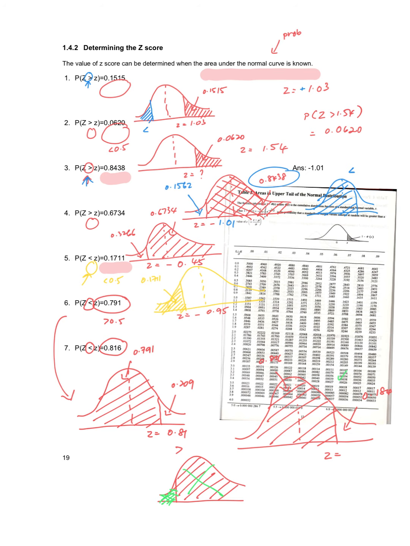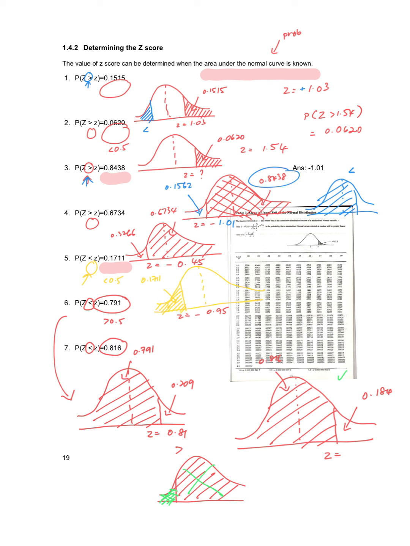Kita cari 0.184. 0.184 is here. This one, so it was Z equals to 0.9. So the answer is 0.9. So Z equals to 0.9.